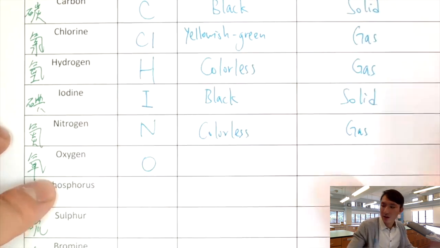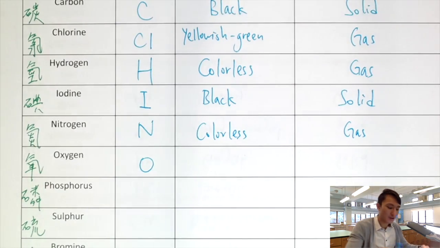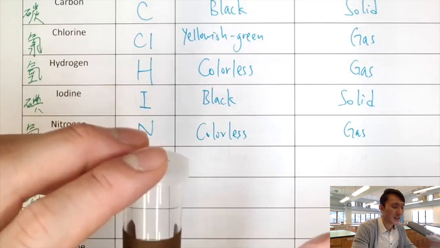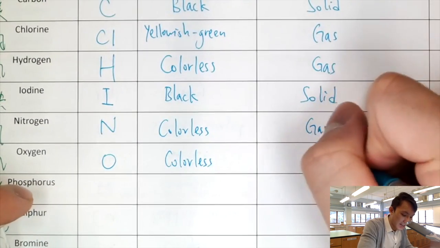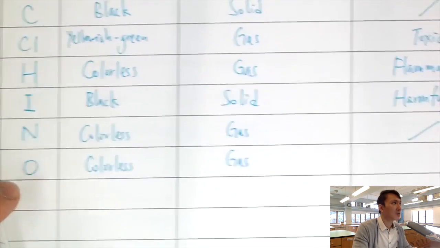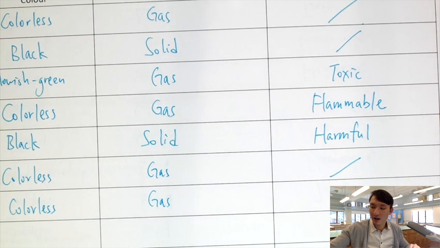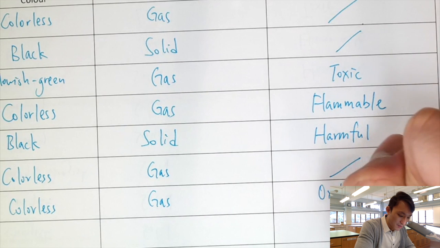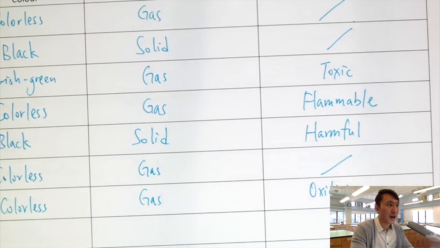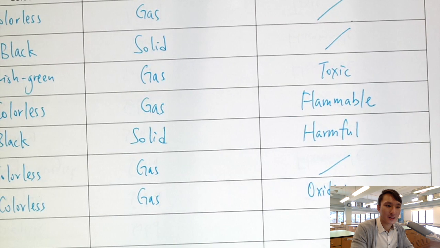Now for oxygen, it is O, and obviously oxygen again is colorless and it's a gas. When it comes to the hazard warning label, it should be oxidizing, but only when we talk about oxygen in very pure form, that is in compressed form. Okay, it's oxidizing.